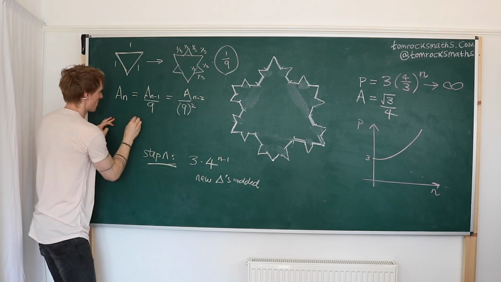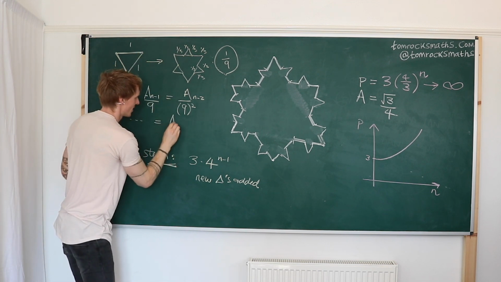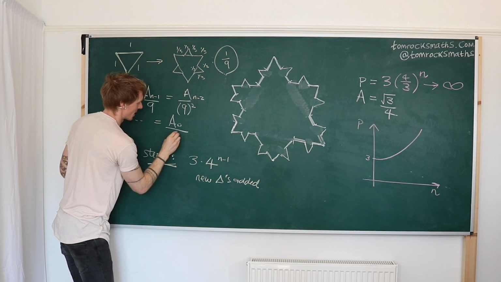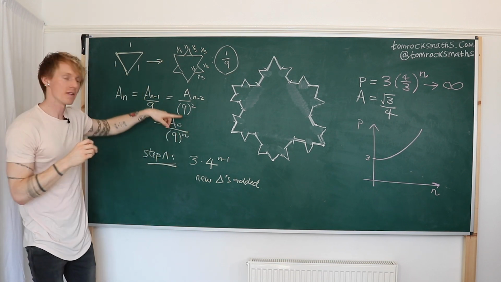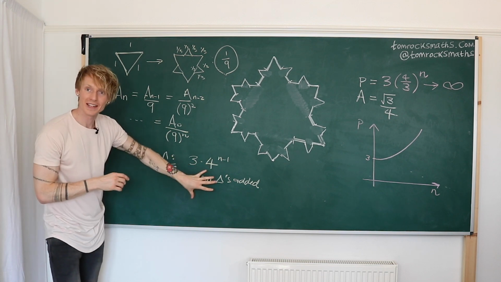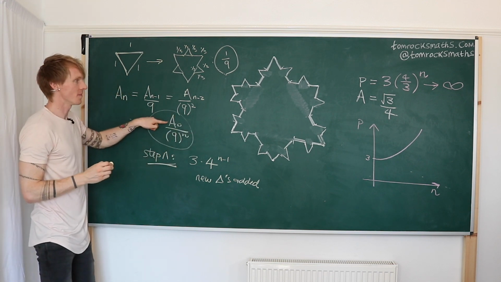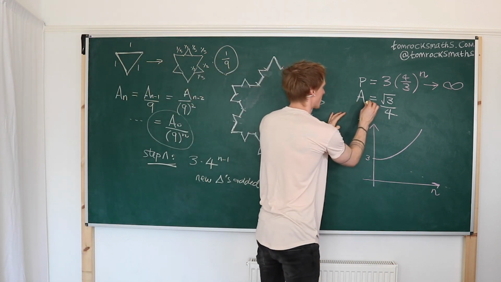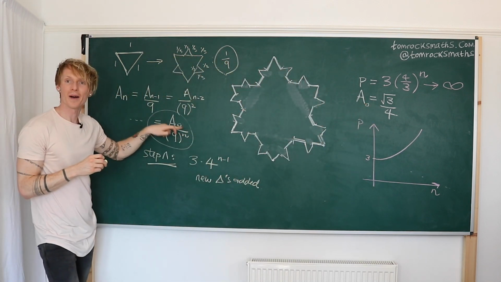And this will carry on forever and get us all the way back to our starting area, A_0 divided by 9 to the power n. So the area of the triangle added at step n, which is what we're interested in down here, is exactly equal to the original area, which of course we know over here, so I can label this now as A_0, divided by 9 to the power n.